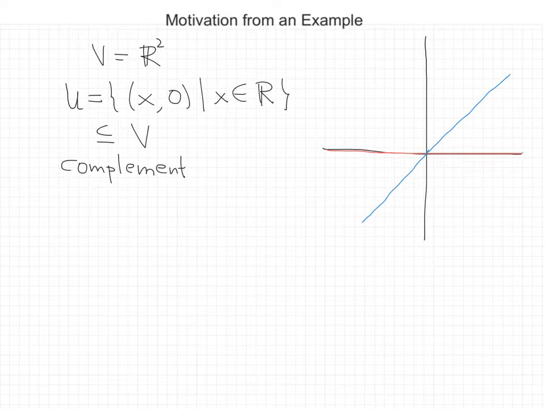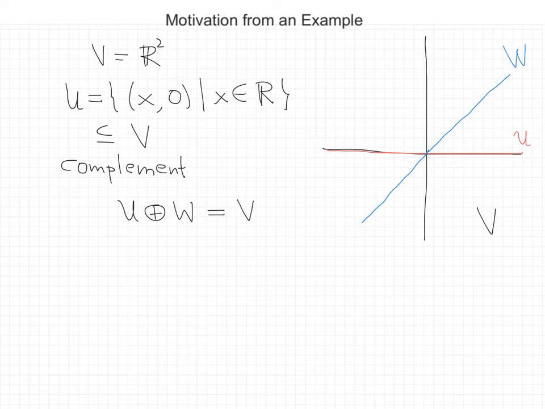So this is my subspace U, and a complement W is a subspace such that U plus W is equal to V, and that's an internal direct sum.